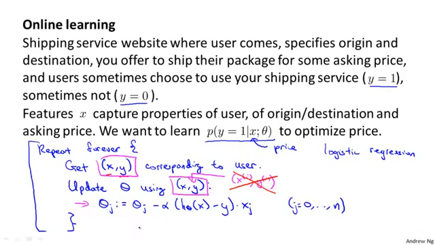I should mention also that one interesting effect of this sort of online learning algorithm is that it can adapt to changing user preferences. In particular, if over time, because of changes in the economy, users start to become more price sensitive and less willing to pay high prices, or become less price sensitive and willing to pay higher prices, or if different things become more important to users, if you start to have new types of users coming to your website, this sort of online learning algorithm can also adapt to changing user preferences and keep track of what your changing population of users may be willing to pay for.